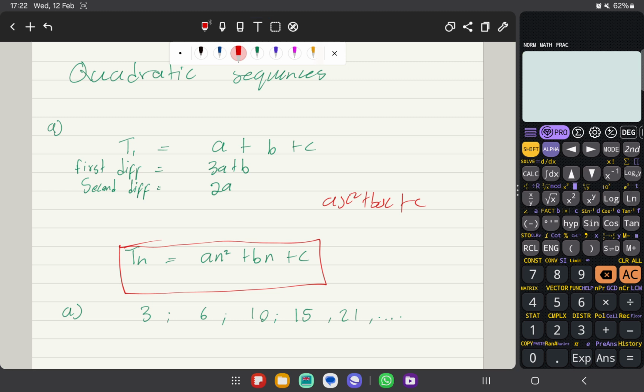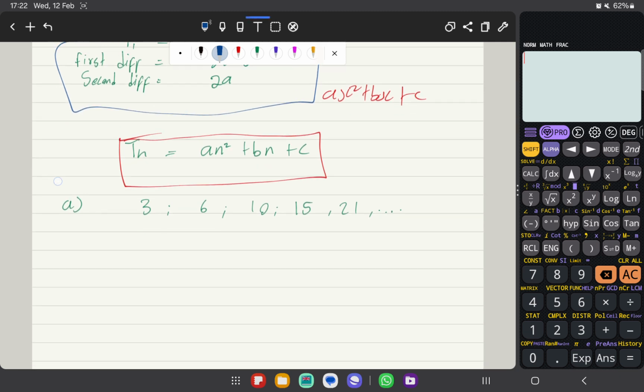When trying to find the general formula for your quadratic sequence, these are the most important things. Without these, I do not know how you will be able to find your general formula. Without knowing these things, your life is gonna be way harder. You know what I'm saying?